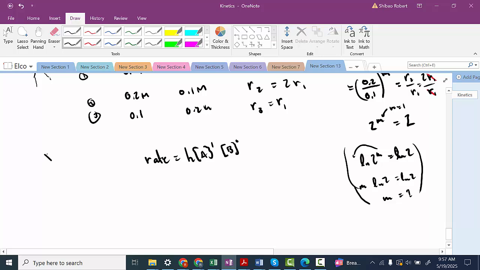So first determine M and N, then determine K. In order to determine K, we need the numbers here for the rates.